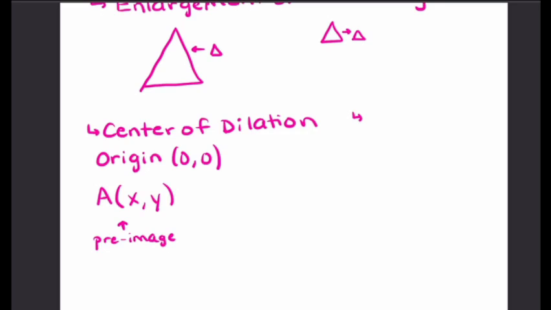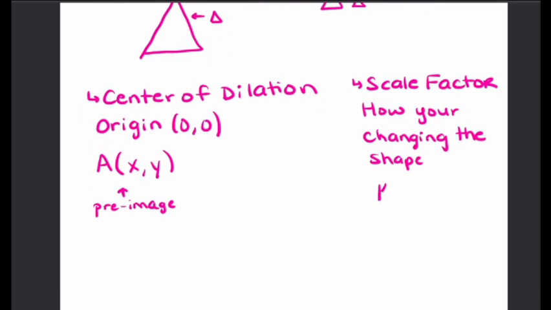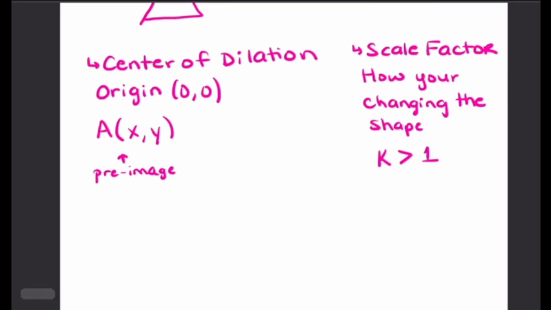We also have something called a scale factor, which I probably should have mentioned before the center of dilation. The scale factor is essentially how you're changing your shape. Think of it as when you go to the eye doctor and get your pupils dilated. Your scale factor is how much bigger or smaller you're making your pupil compared to how it was before.